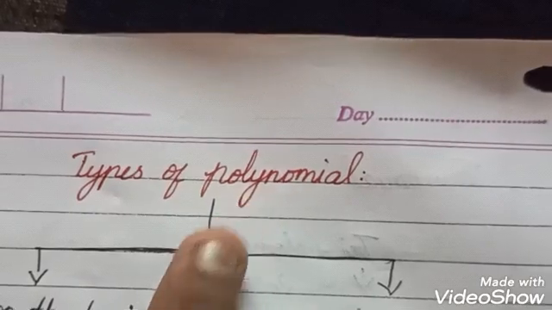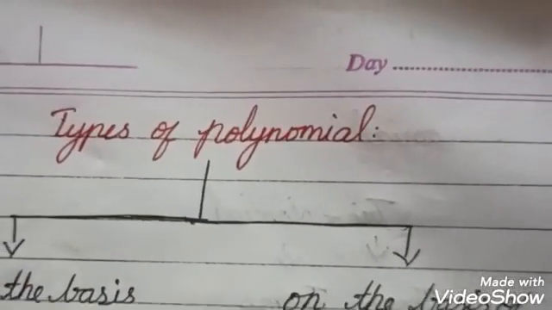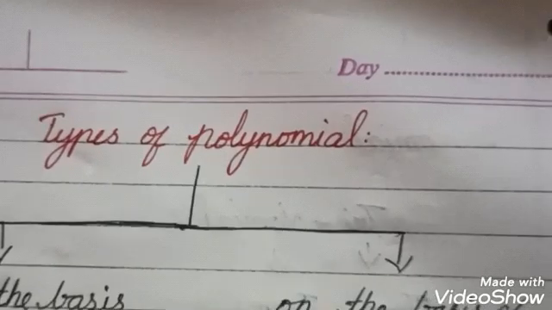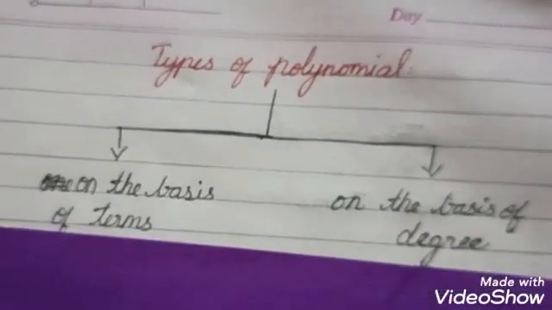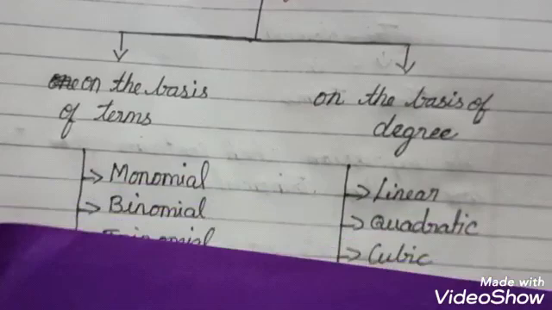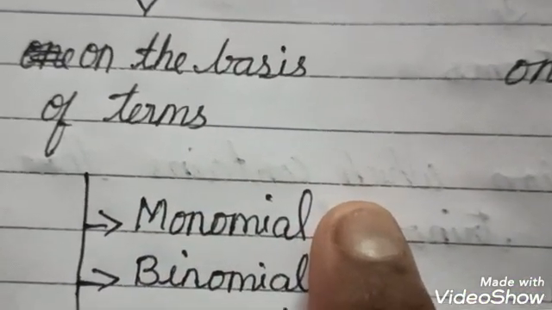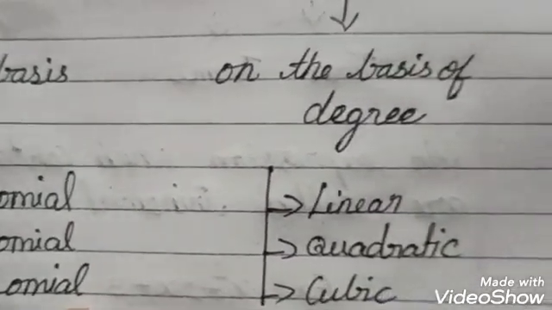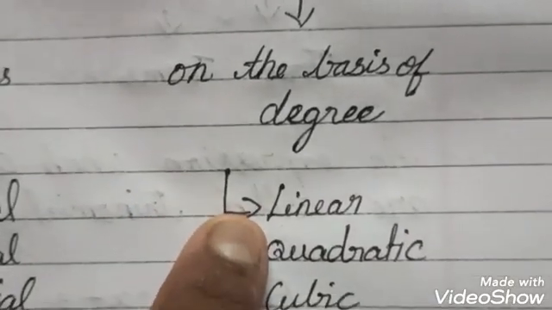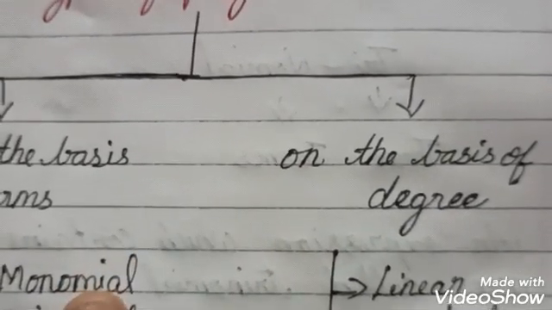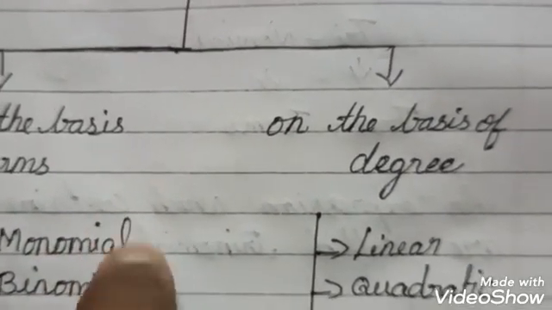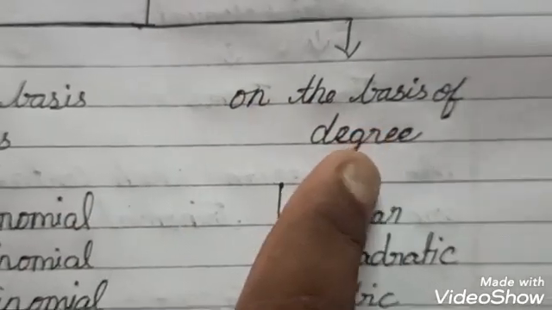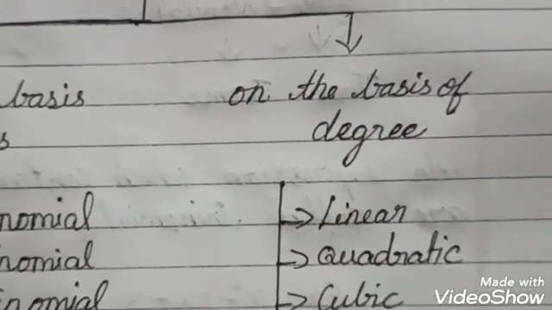On the basis of terms, there are 3: monomial, binomial and trinomial. In the same way, on the basis of degree we say linear, quadratic, cubic. I will show one by one the explanation of what is meant by basis of terms, and the basis of degree, and how you say linear, quadratic, cubic.